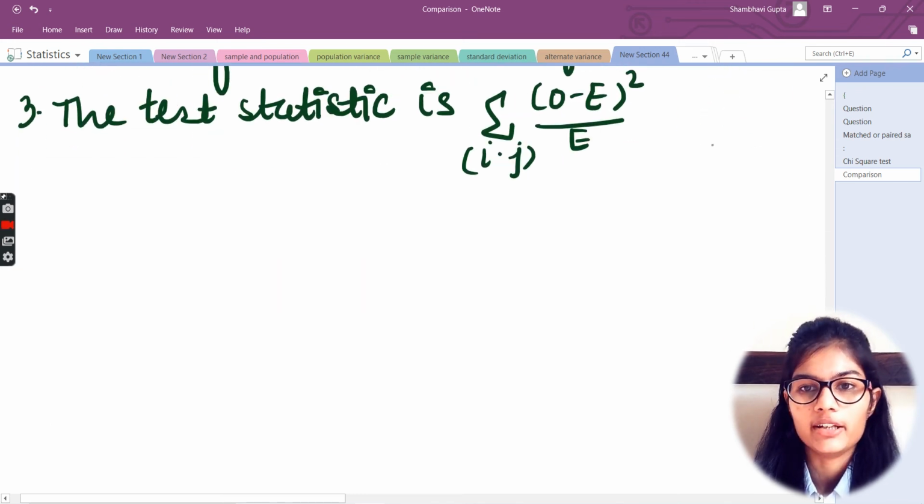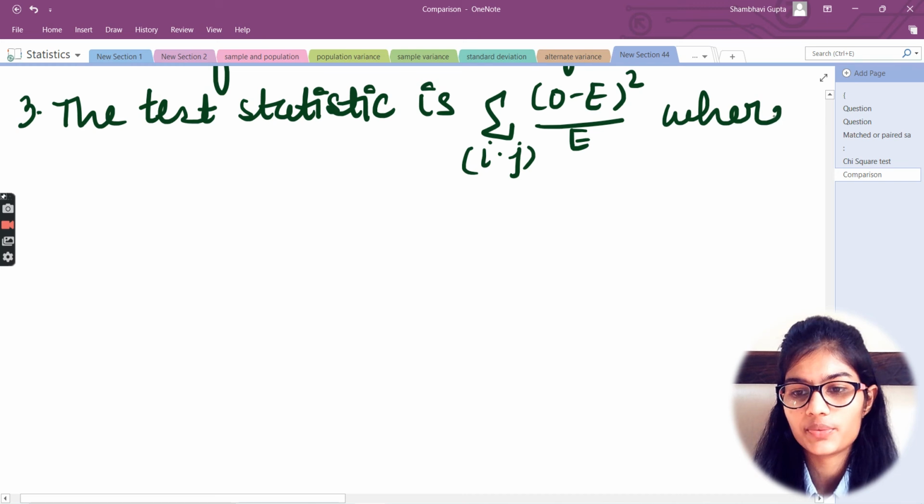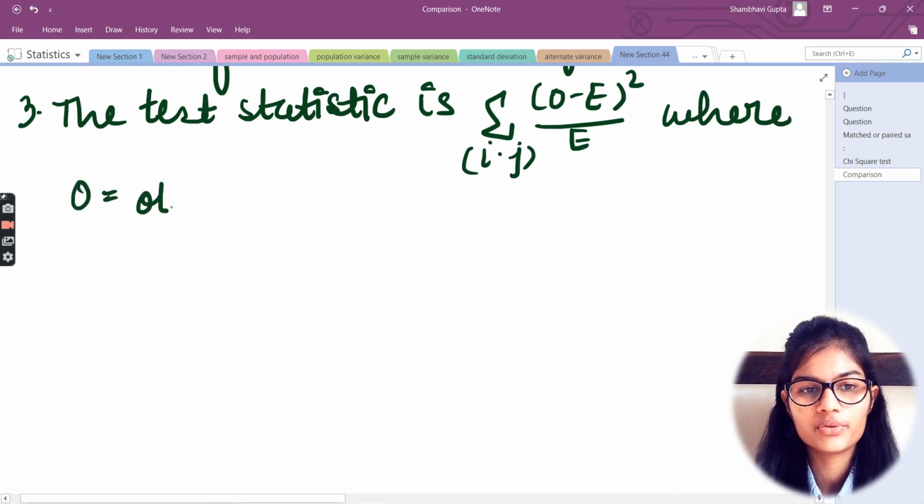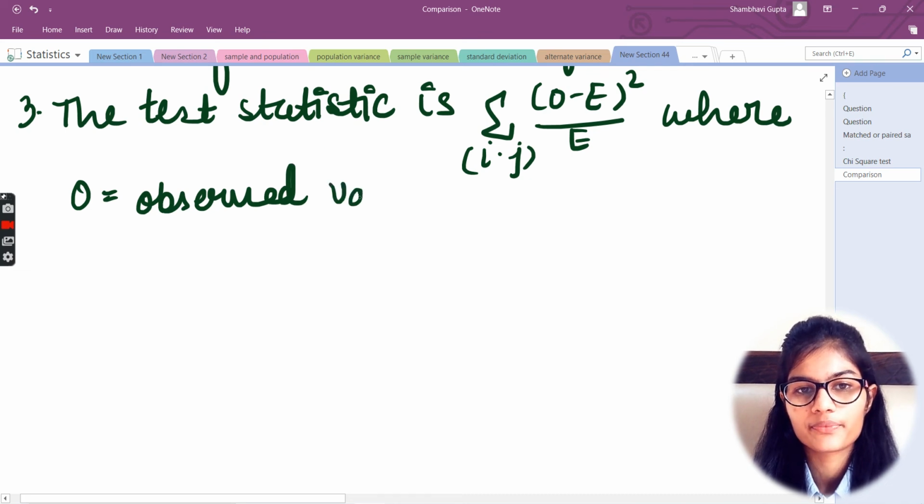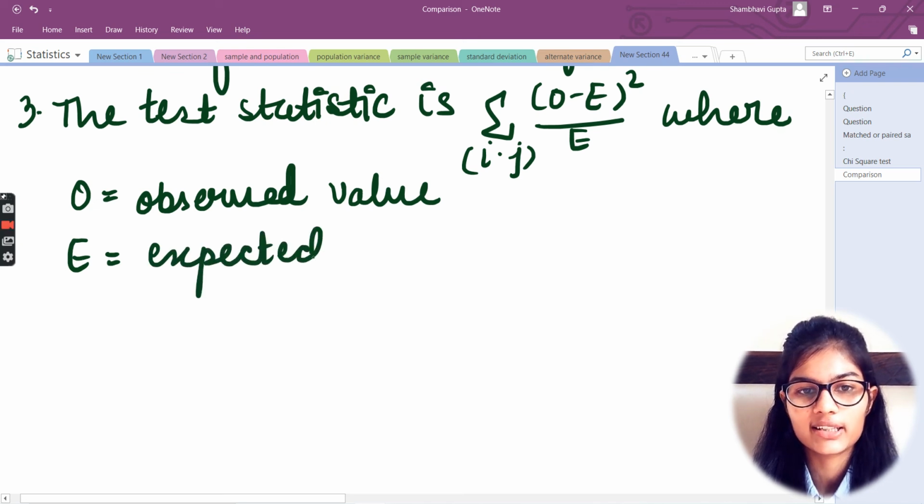Now what are all these notations I have put? O is the observed value. What about E? E is basically the expected value. And what about I and J?